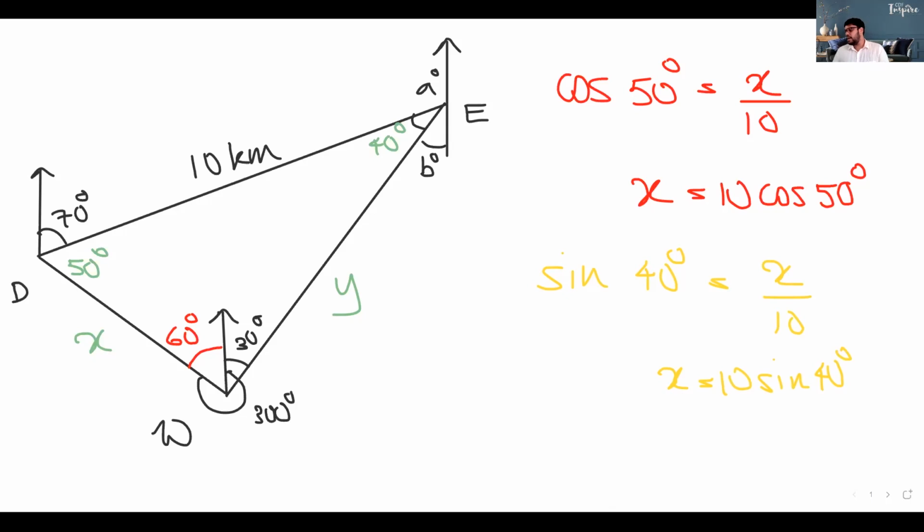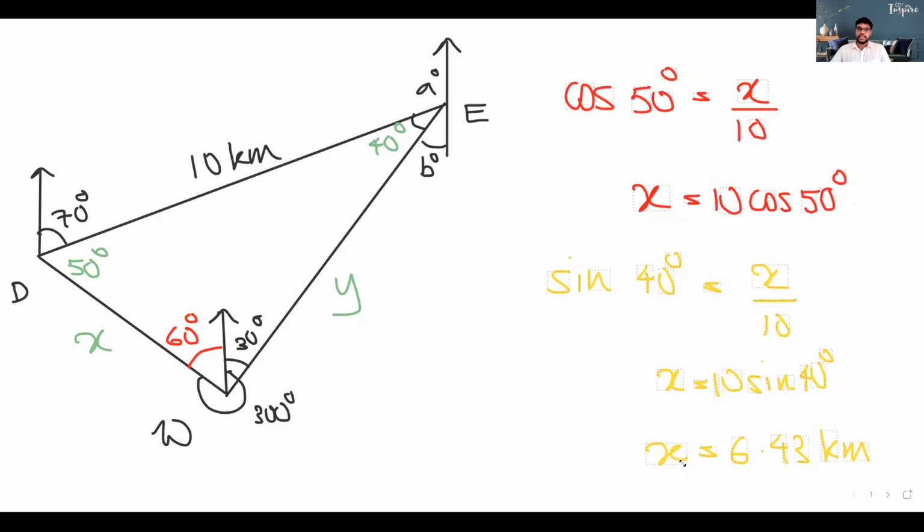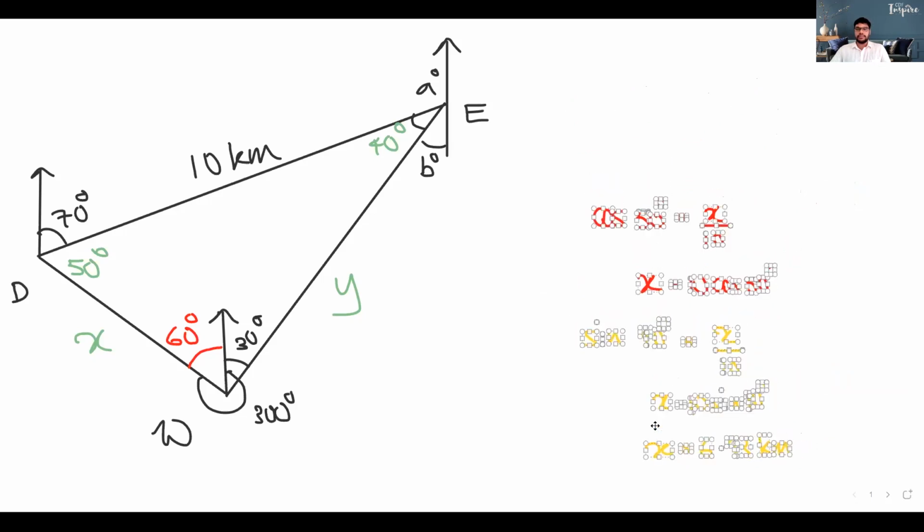Yes, you all are getting the same answer. Good. So either way, the answer to 2 decimal places is 6.43 kilometers. Either of these two methods is correct.